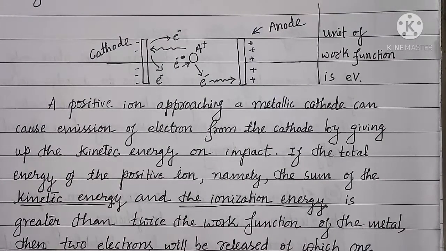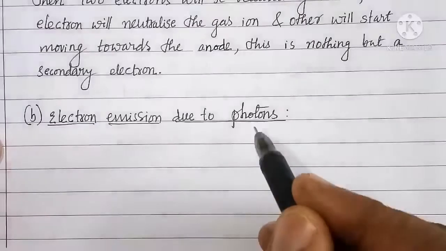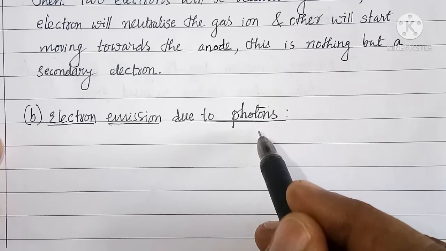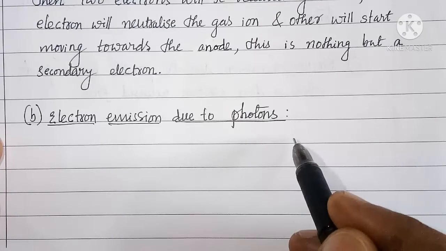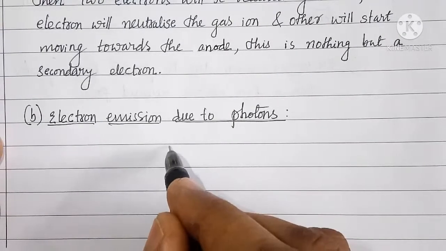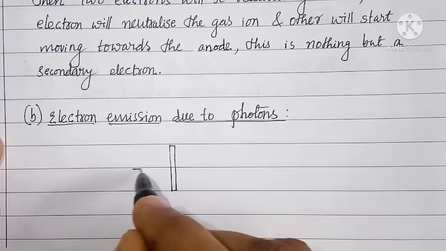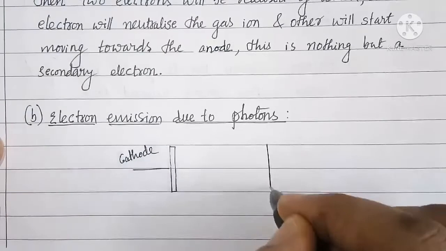Next we will take up electron emission due to photons. You all have studied that photons are energy packets. If photons having sufficient energy, that is higher than the surface potential barrier of the metal used in making the cathode. Say for example, here we are having a cathode and here is the anode.